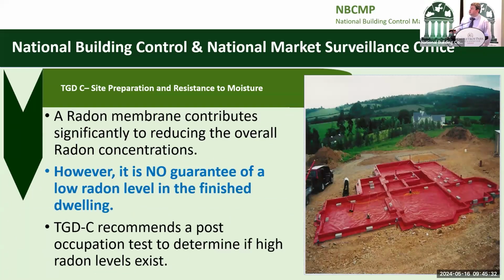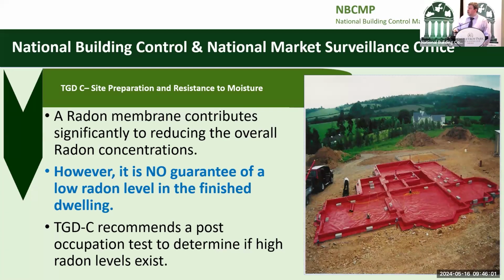So the radon barrier significantly reduces the overall radon concentration. However, there's no guarantee of low radon levels in the finished dwelling. Just because you put down the radon barrier does not mean that it's fixed. It's a precautionary measure in the building regulations to get you to that, but it will not deal with high radon, and you may have to do additional measures after you test.